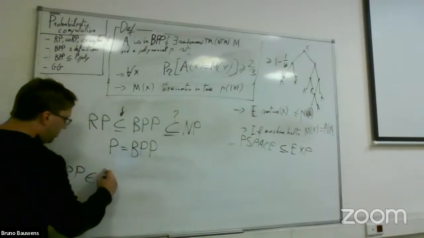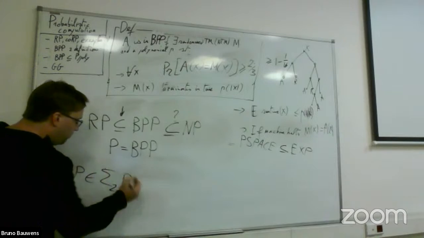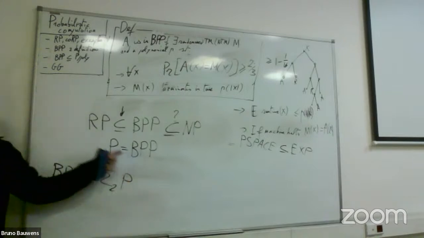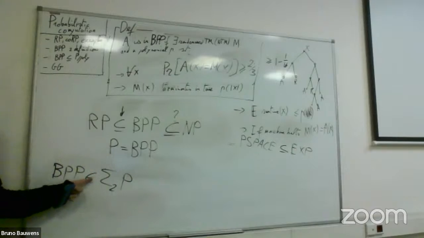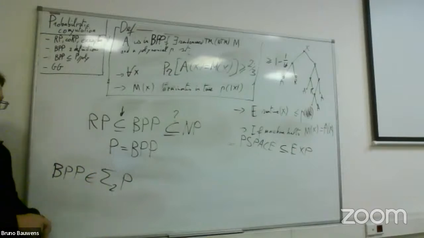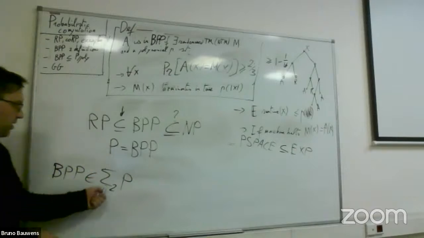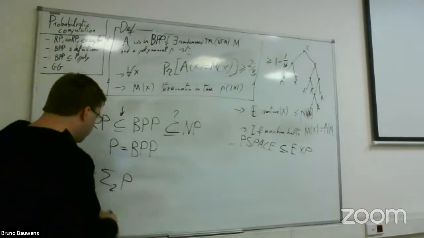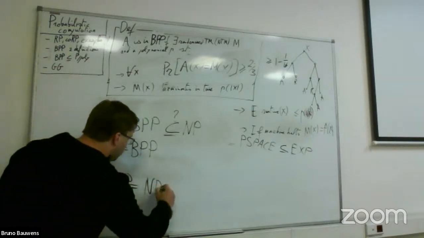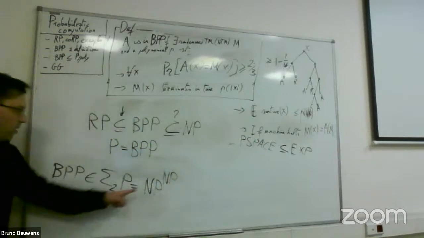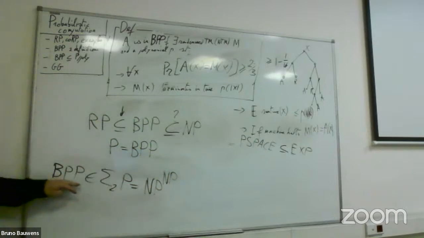BPP is an element of Sigma_2^P. You can find this in the Sipser book, and what I just said is a direct consequence. This is called the polynomial hierarchy. By the way, we already met this class: it's NP to the power NP. So BPP is in NP to the power NP.